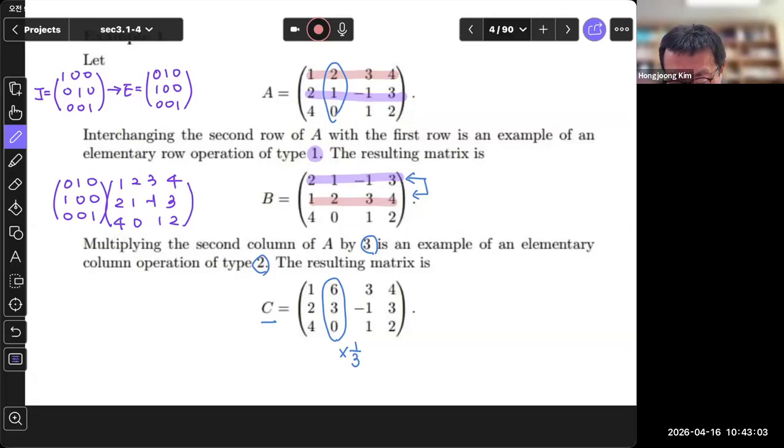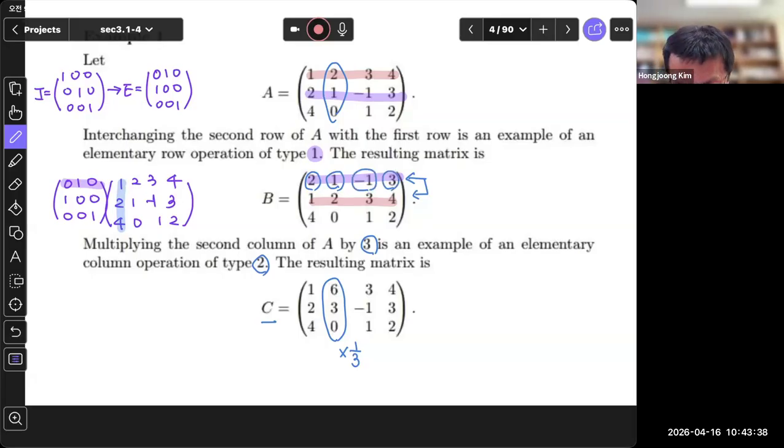When I multiply this 0 1 0 with the first column of A, you have only a 1 in the second entry. So only the second entry of this first column will survive. So you get 2. And when you multiply this 0 1 0 with the second column of A, you get 1, then negative 1 and 3.